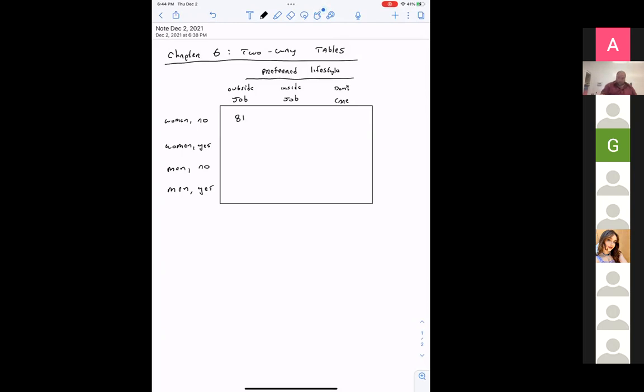81 people fall in this category, 173 fall in this category, 92 people fall in this category, and 299. Then we have 104 and 115 and 32 and 81. And then we have 10 and 15 and 2, and then we have 8.